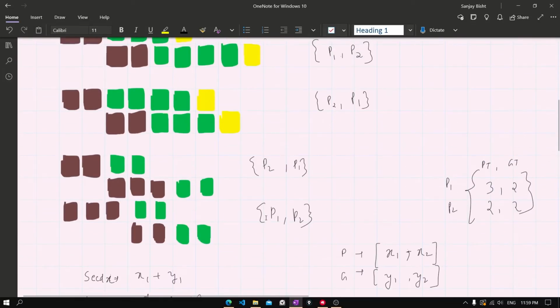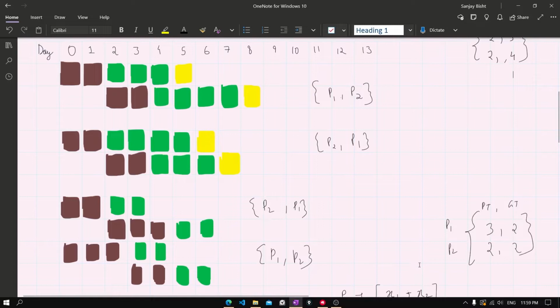So this is another example, with the grow time the same, but we have different plant times. So this will be the case. For P2 and P1 first, P2 will take 2 units of plant time, then 2 units of grow time, so it will be finishing here at 7.